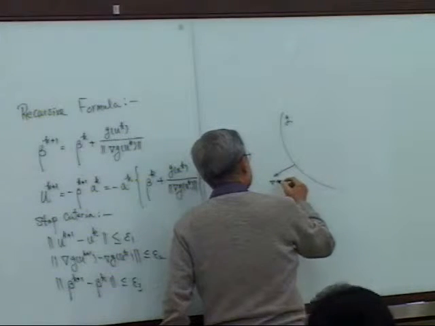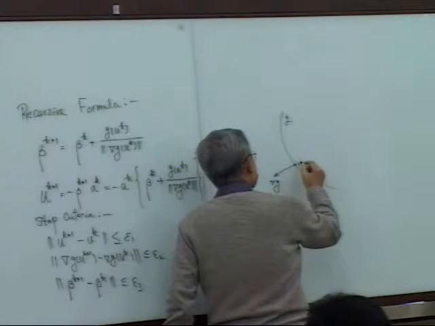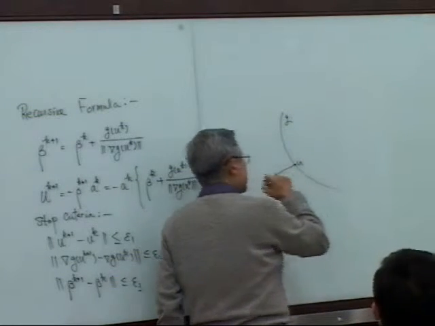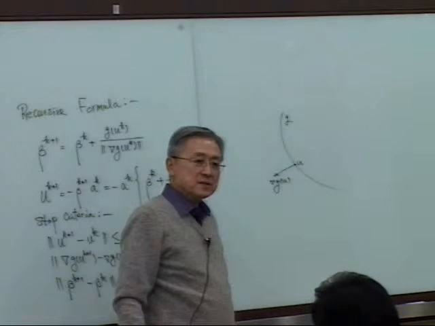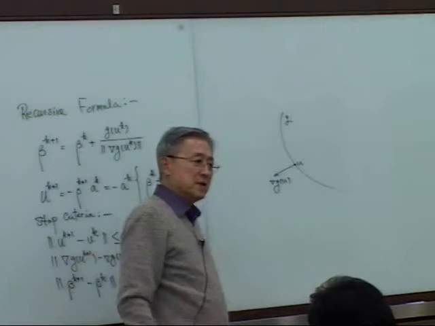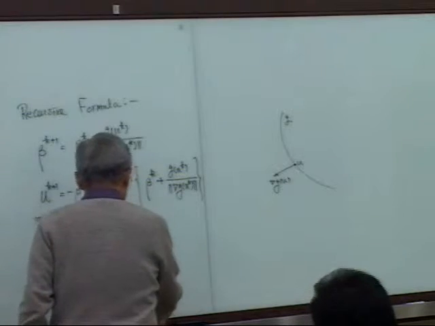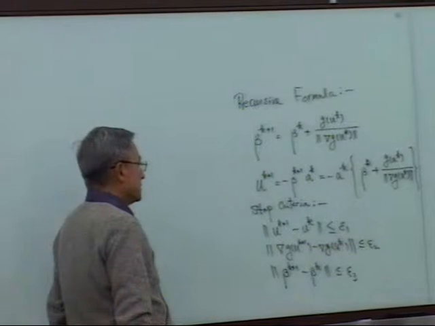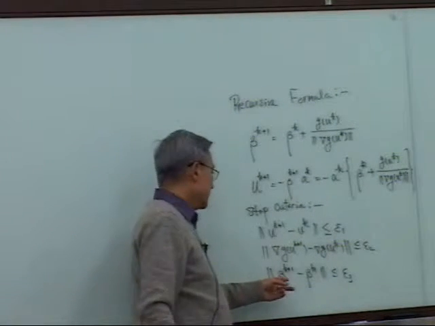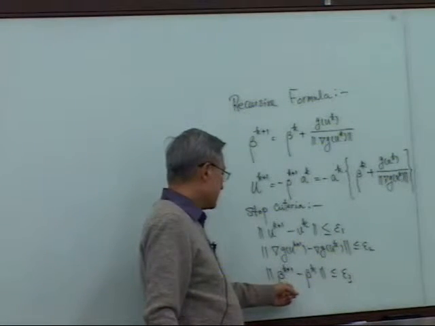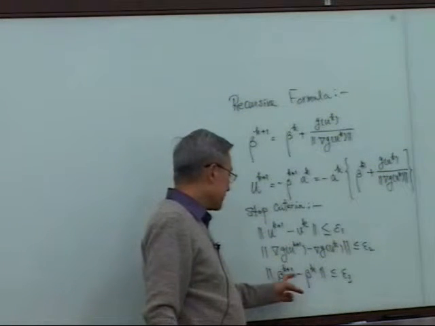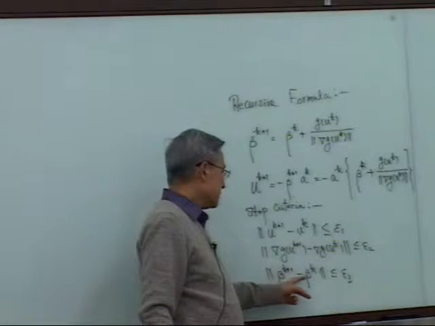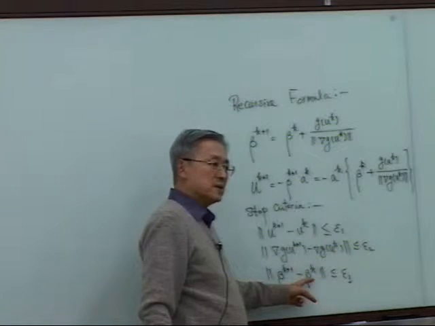If this is a point U, this is delta G at U. Of course, it's a vector if you have n different dimensions for the random variables. Another criterion you can use is that beta itself converges, right? Beta k plus 1 is almost the same as beta k.